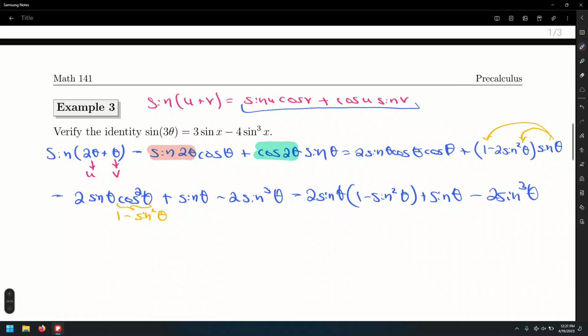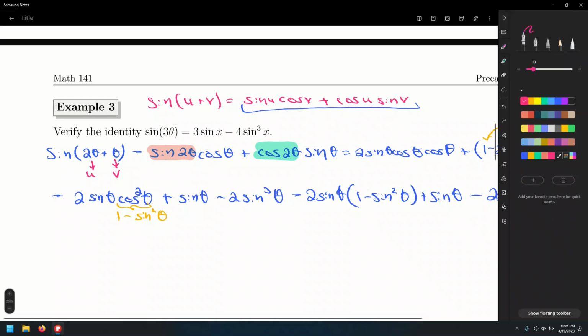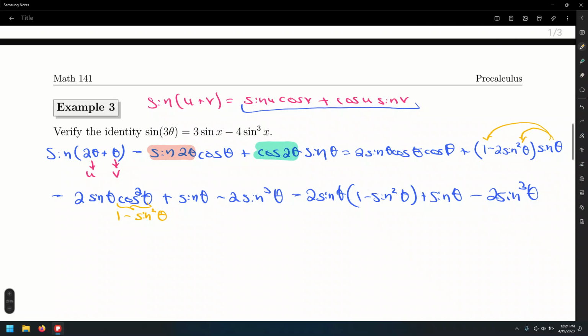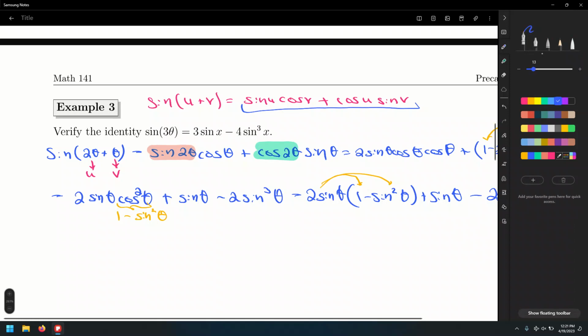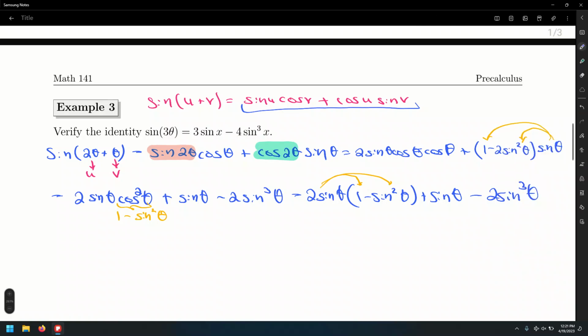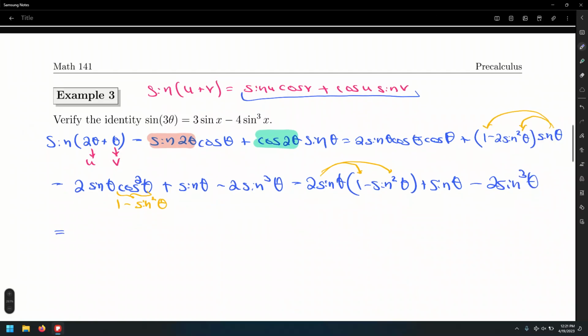How about we distribute this again? That is 2 sine times 1 and 2 sine times negative sine squared. In other words, that's 2 sine theta, and 2 sine theta times negative sine squared theta. That's a sine to the first times a sine to the second power.